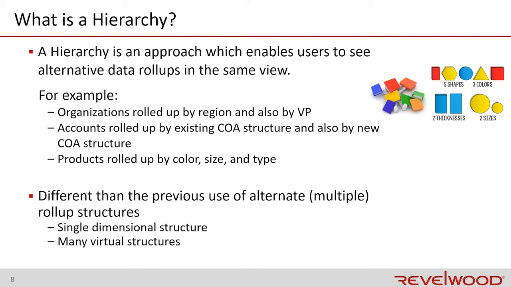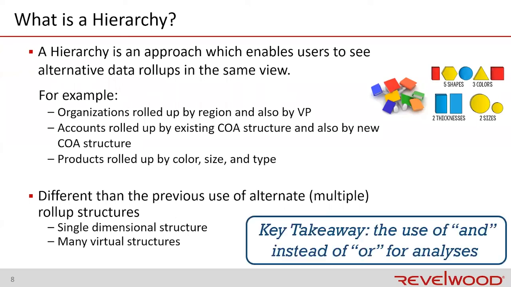Well, right there is the key. When you're using roll-up structures, you're within a single dimensional structure. But when you're using the new feature called hierarchies, it's like having virtual dimensions. You are able to have multiple consolidation structures and use them as if they were a different dimension.